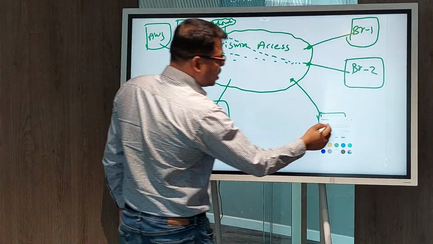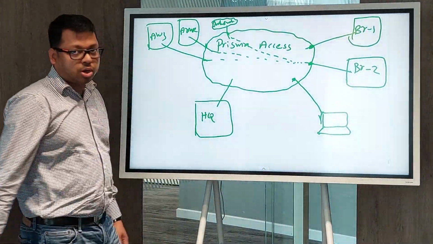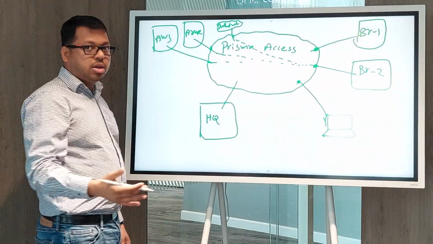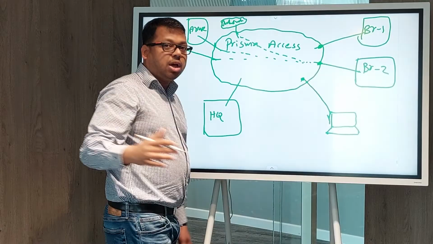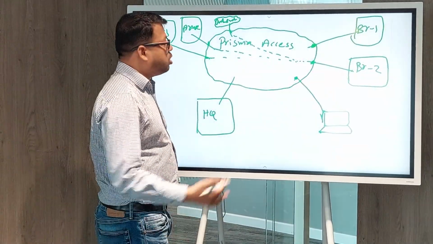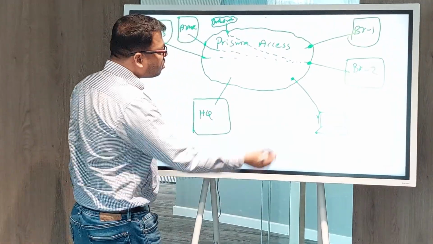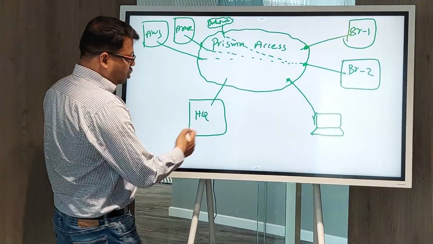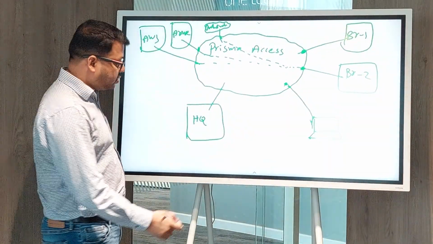The advantage here is, that, as I said earlier, it is 100+ locations, right? So wherever the user is traveling, whether he is in UAE, he is in UK, he is in US, he will be connecting to the proximity based, wherever the nearest location, POP location for the Prisma Access, he will be connecting there. And the security policies will be applied here. So these are the issues which Prisma Access resolves.